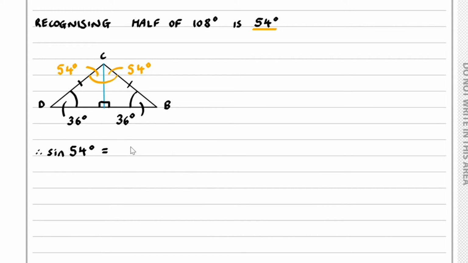So, we've got the opposite, which is 1/2 the vector DB, and then we take the magnitude of it, because we are just considering lengths. And then we divide this by the hypotenuse, which is the vector CD, as we see over here.